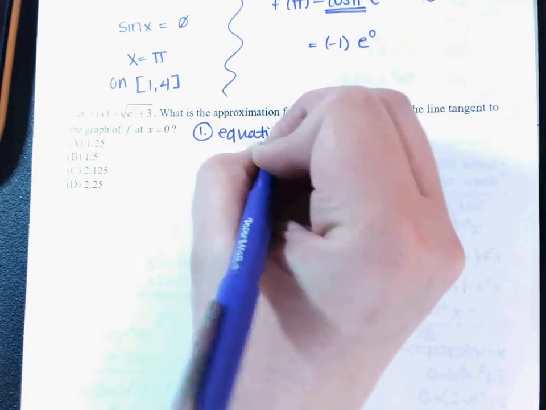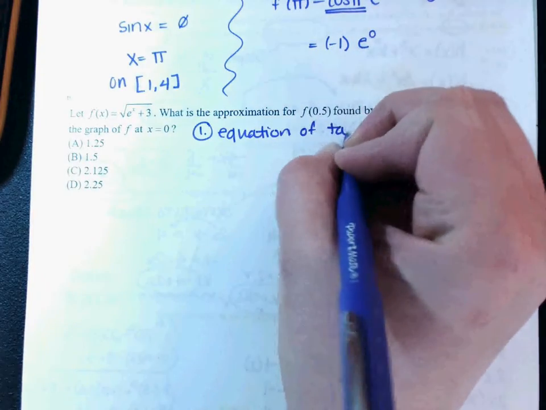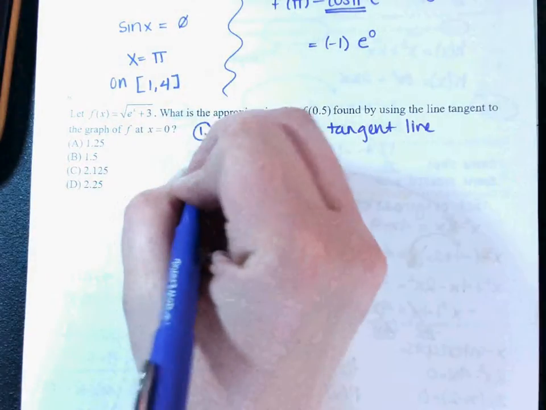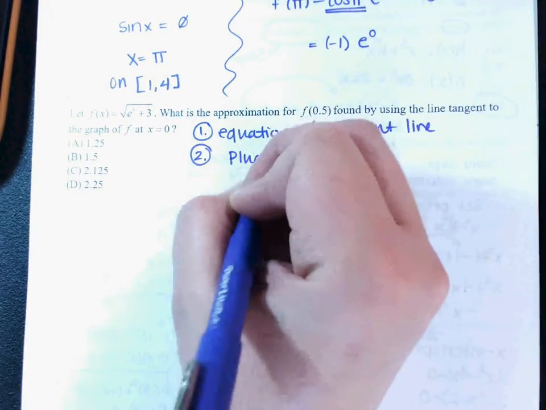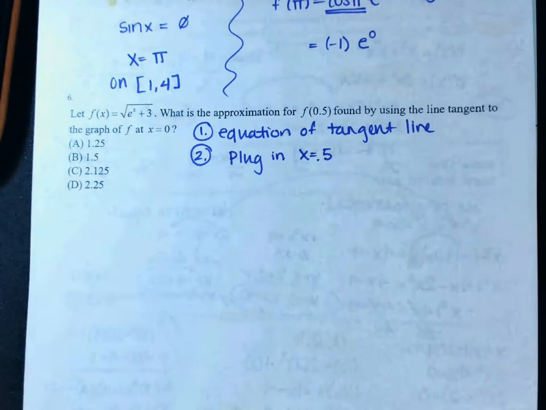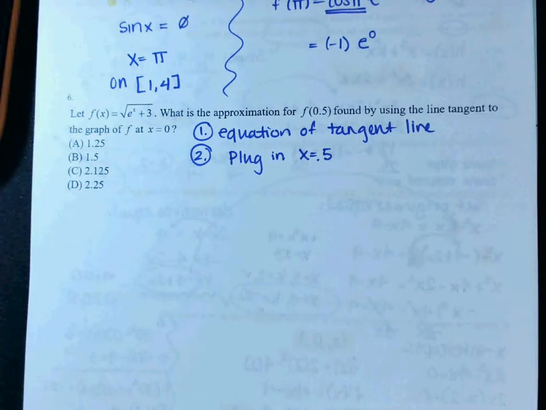So we need to write the equation of the tangent line and then plug in 0.5. Keep in mind that they're giving you the same instruction, they're just scrambling it up differently so that you'll forget what you're supposed to do, but you know what to do.